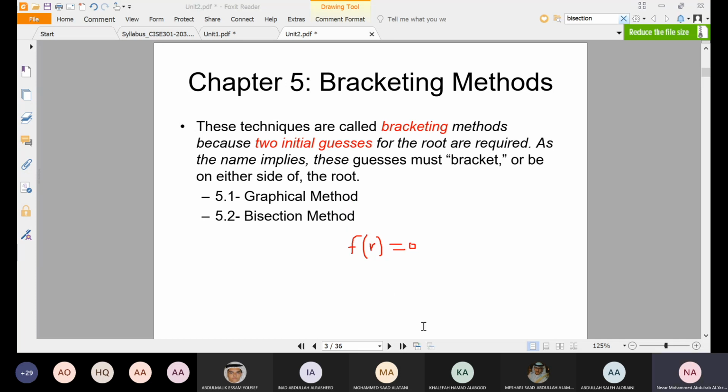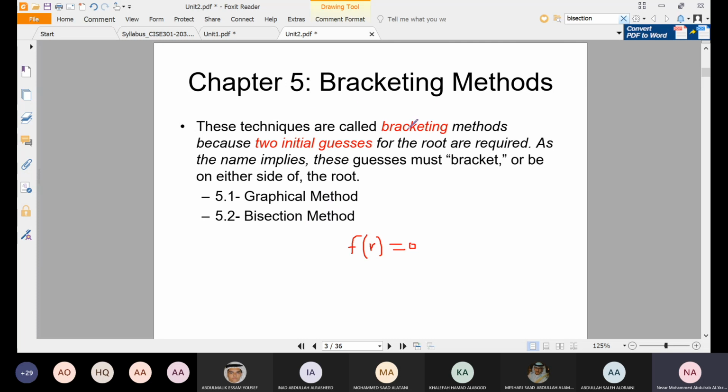This is what we call the root finding problem. So usually we try to find, for example, the r that satisfies these problems, either analytically, or by using the numerical methods that we have here.